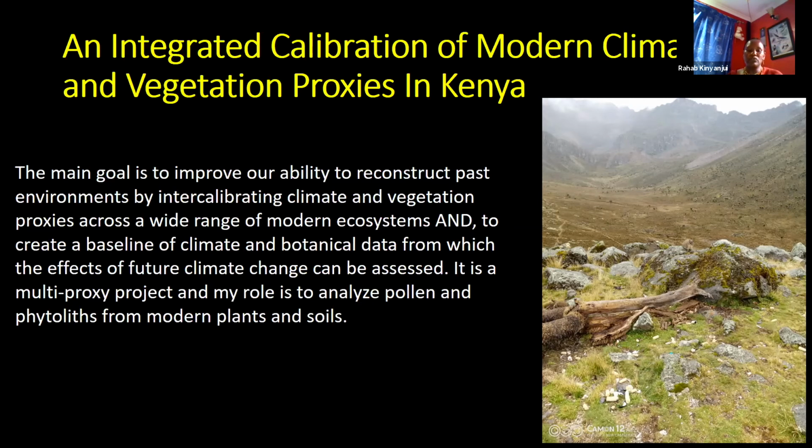The main goal is to improve our ability to reconstruct past environments, so that we can see how close, how accurate the fossil data is in reflecting the environment in the past. So to see in terms of percentage, is it 99% accurate, or is it 50% accurate?